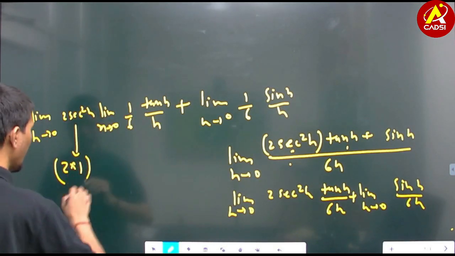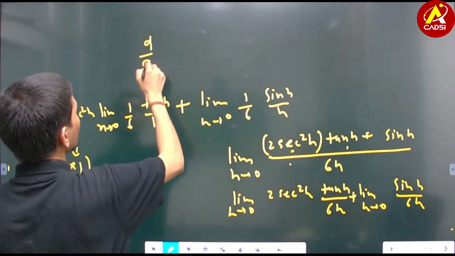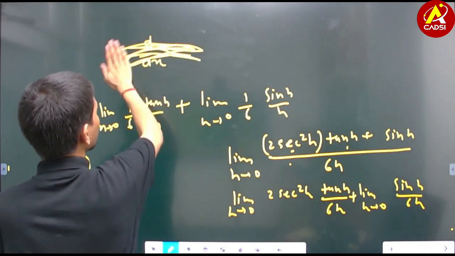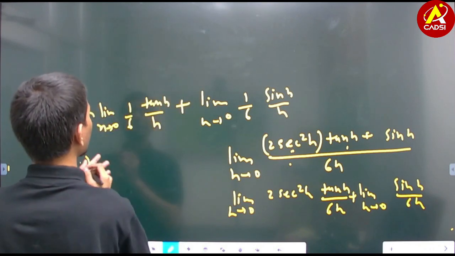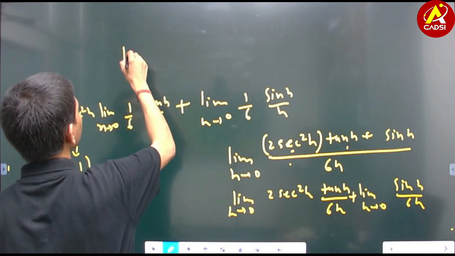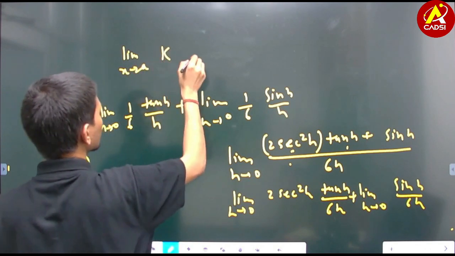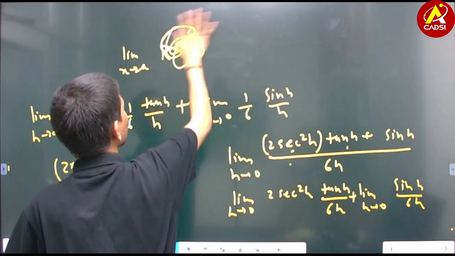Now we know the property of a limit: the limit x tending to a of L times f of x, where L is a constant.